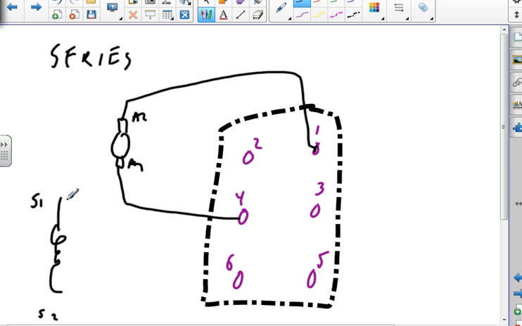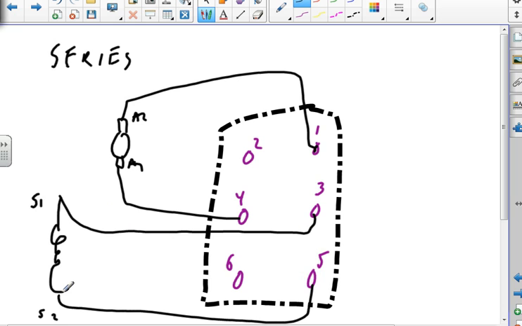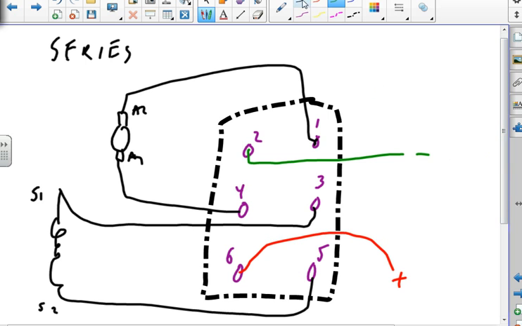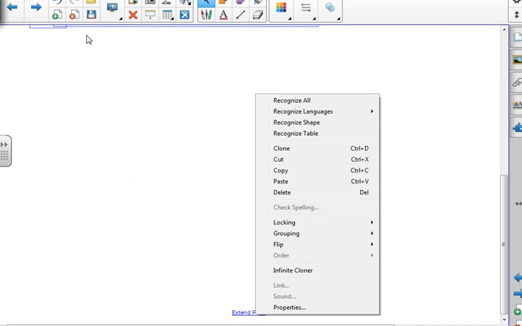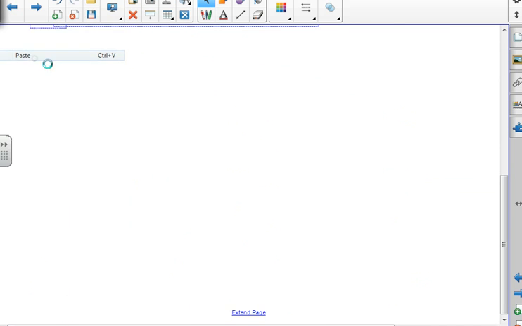And it's hooked up to 3 and 5. And then I've got a plus guy going into 6. And I've got a negative guy coming out of 2. All right. And because I know I'm going to need this guy twice, I'm going to make a copy of him before I draw in him. And that'll make life slightly better.